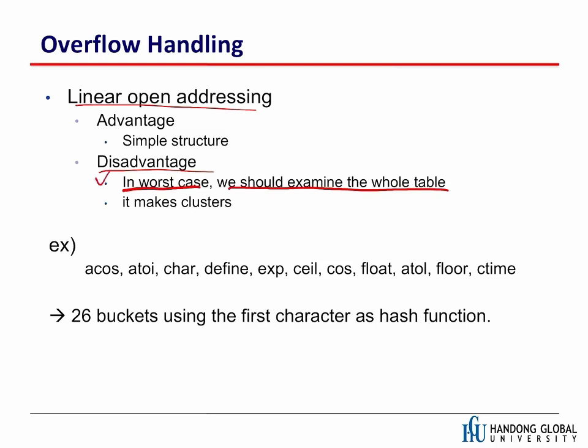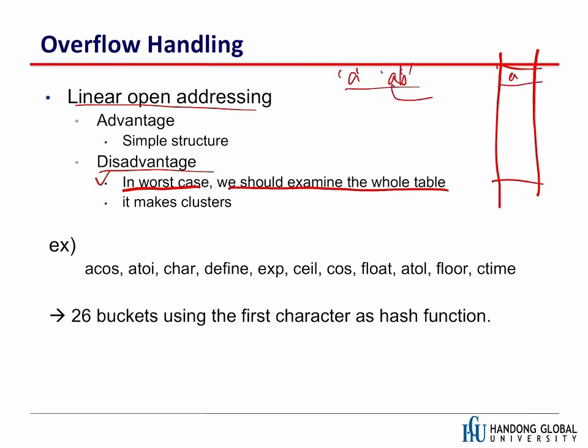Let's check the first thing. We have a hash table, and first we insert A. Let's assume that our hash function is based on the first character. A goes here, and the next one is AB.